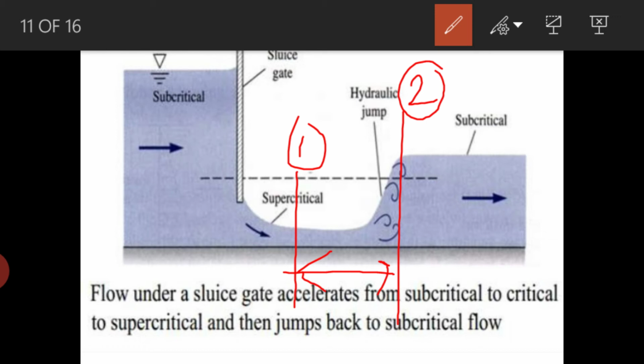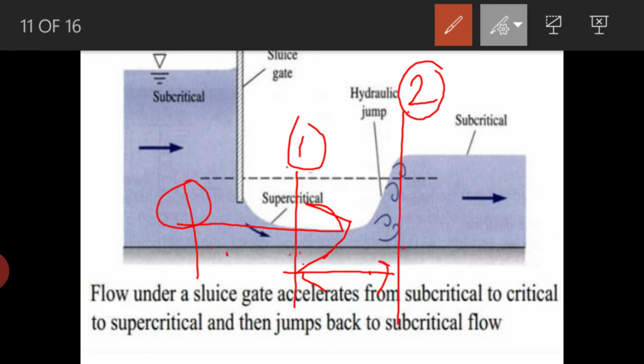Let us call the depth at 1 as y1 and the depth at 2 as y2. y1 will be less than the critical depth, and y2 will be more than the critical depth. But the discharge passing remains constant, and this discharge passes with two depths, and these two depths are called conjugate depths or alternate depths, or these depths are called sequent depths.